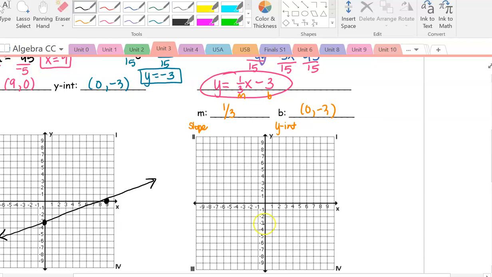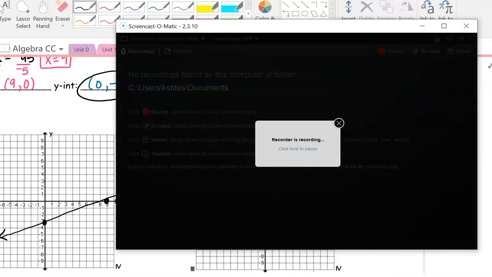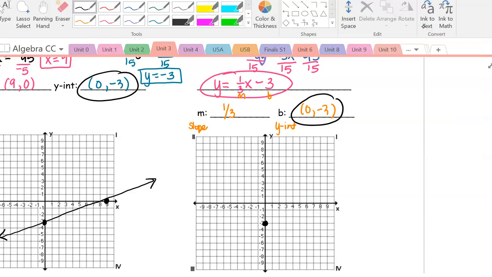So you're going to be down at negative 3. Make sure, again, you're on the y-axis. Okay, notice that your y-intercepts match from our two problems. They should, because this is the same problem. Okay, and now we're going to go ahead and, oh, sorry, technical difficulties. We're going to go up 1, right 3.